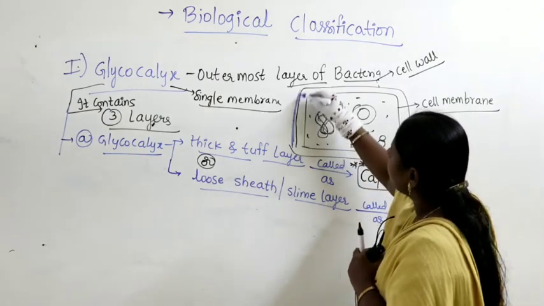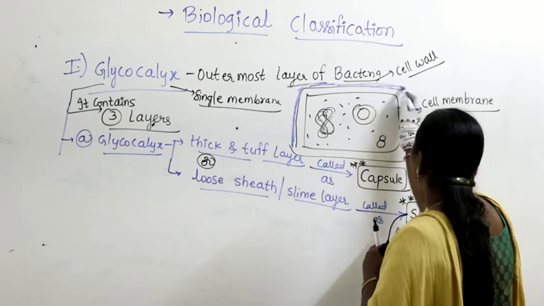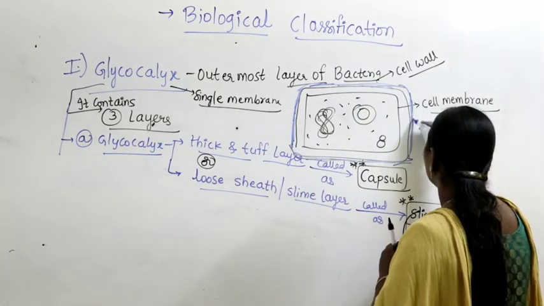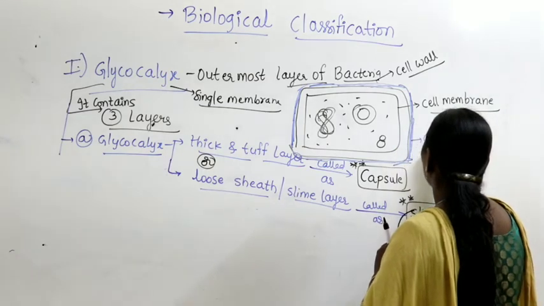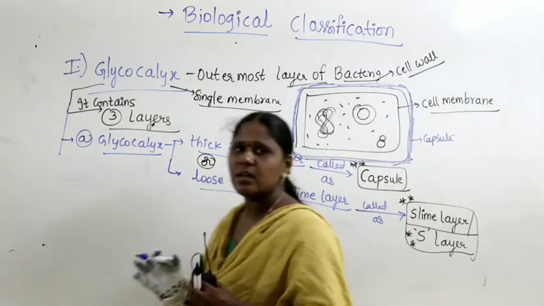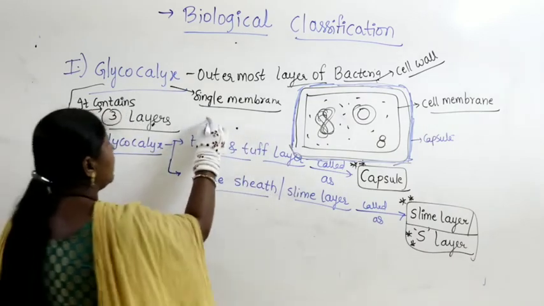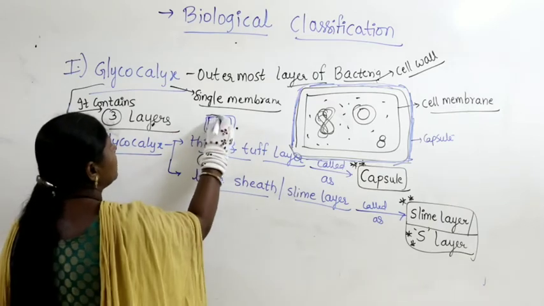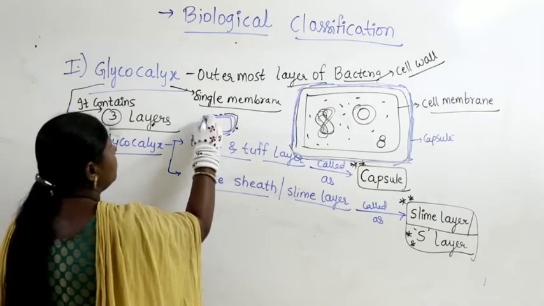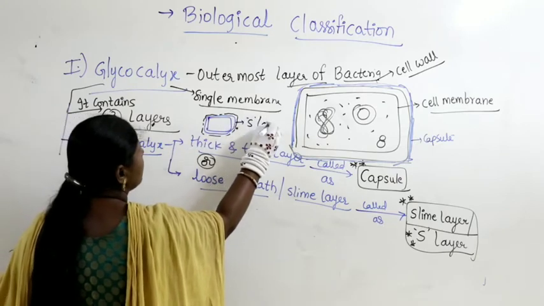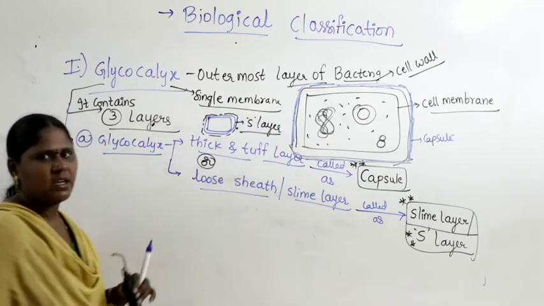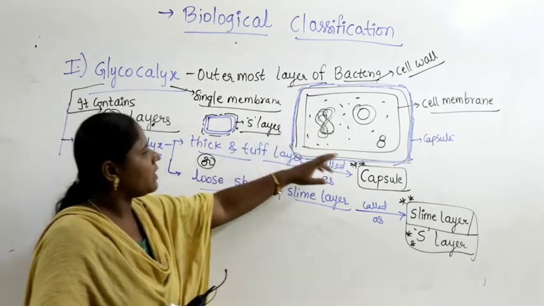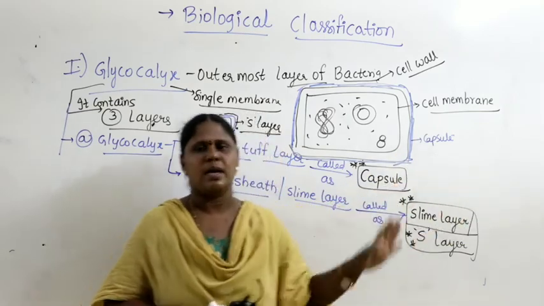I am drawing the thick layer here because sometimes we find a thick layer; this is what is called a capsule. The other condition is the smaller one, a slime layer or loose sheath, called the S layer. Some bacteria contain a slime layer, and some contain a thick wall called a capsule.